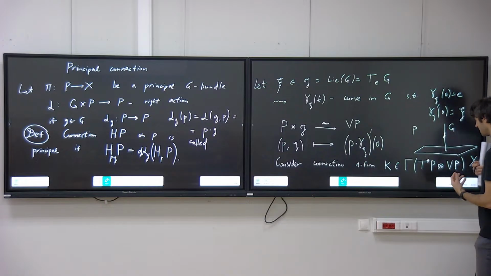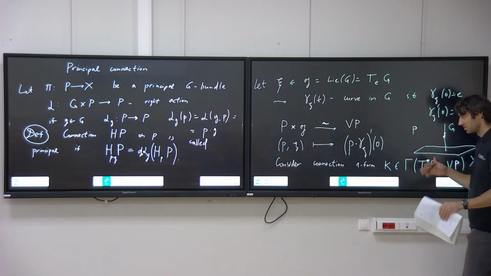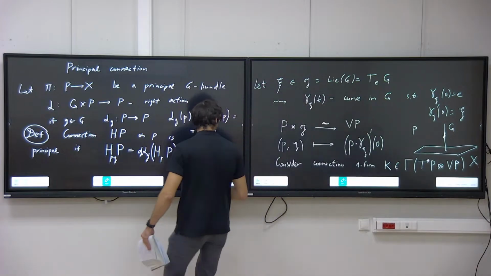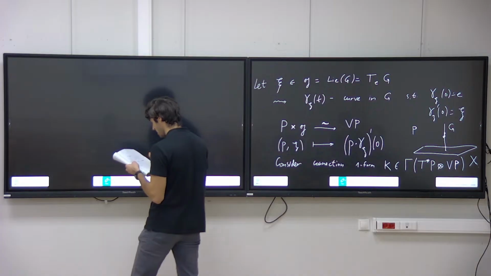Right? Well, it's a tangent vector and projects it to VP. So this is what it is, but I'm looking at it as a one form. Okay, using the philosophy from last time.